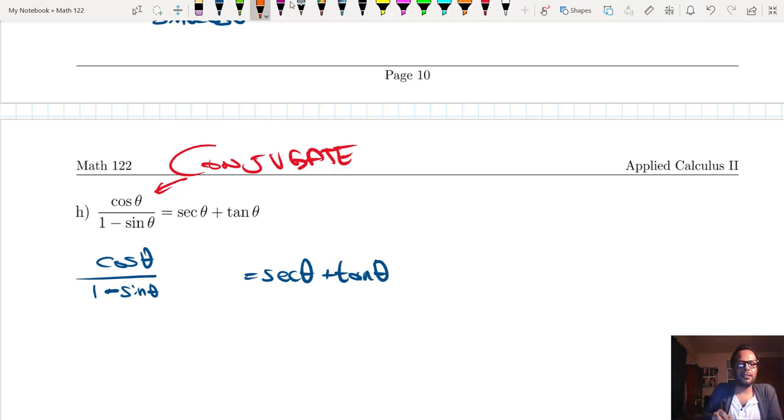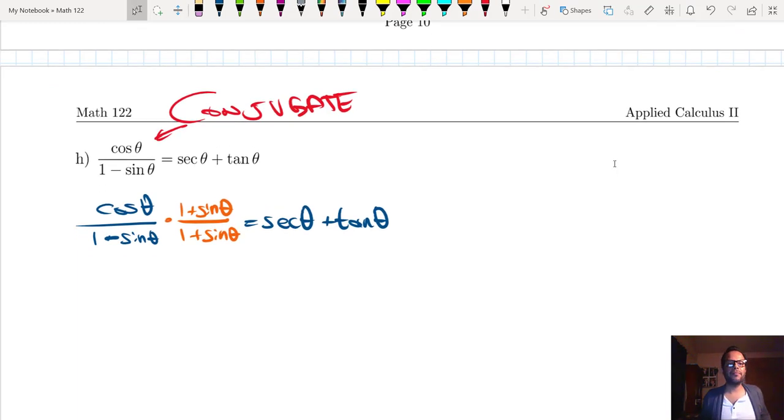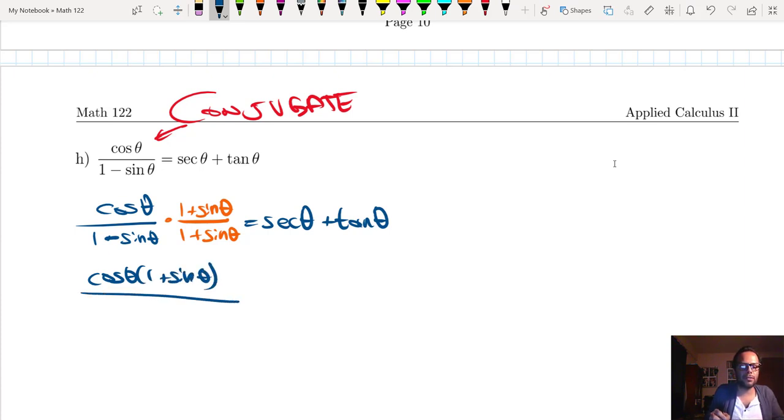Now, I'm going to multiply by 1 plus sine theta, which in this case is the conjugate. And we are going to get the following: cosine theta times 1 plus sine theta divided by the product of these conjugate binomials, 1 minus sine, 1 plus sine.